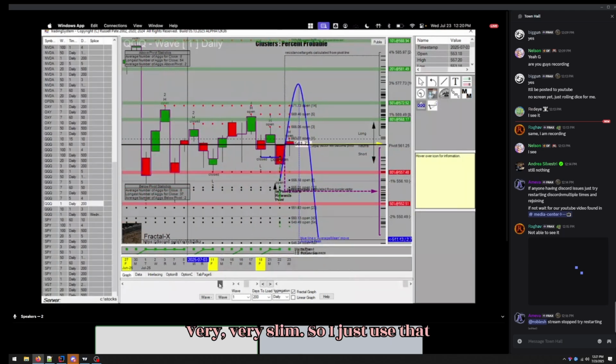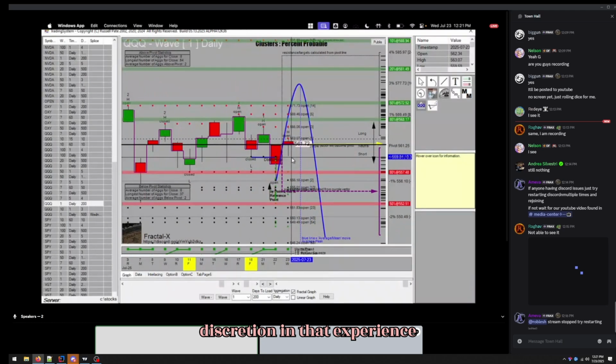So I just use that discretion and that experience to tell myself, okay, I'm going for an L1, I'll actually look at the first imprint below pivot. This is on the wave one daily. And when I line up with that first imprint, lo and behold, it actually lines up with a previously closed open state that was also a double bottom.